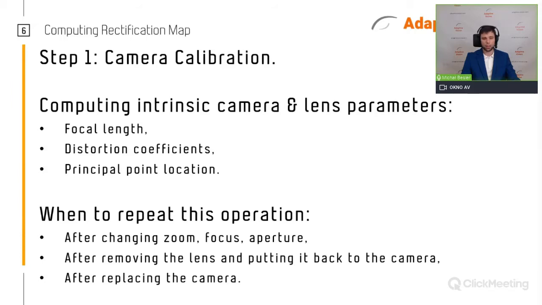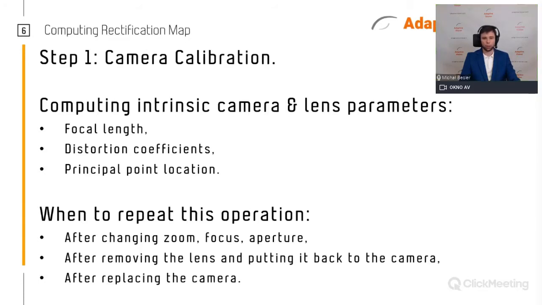However, it's crucial to not change any parameters after this operation is done, because any changes in the zoom, focus, or aperture will void the calibration, and we'll have to perform it once again.